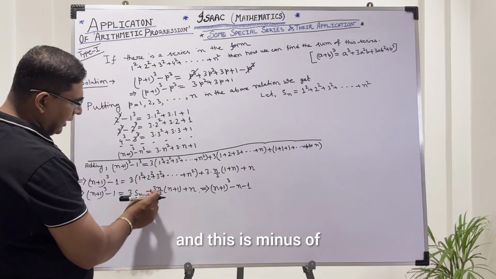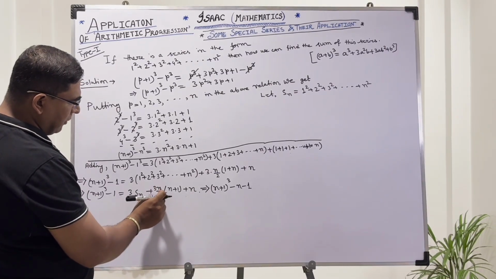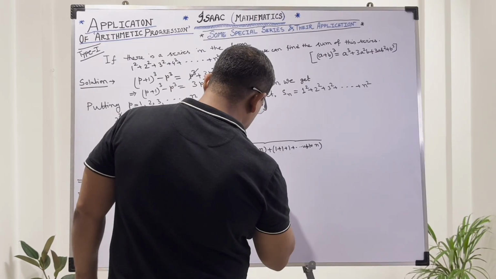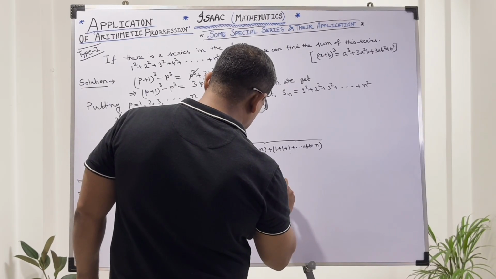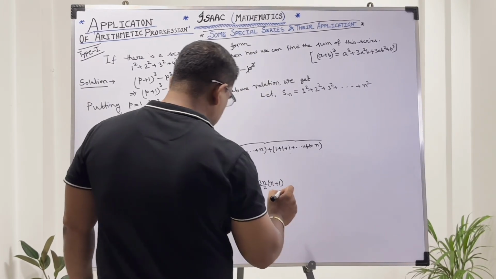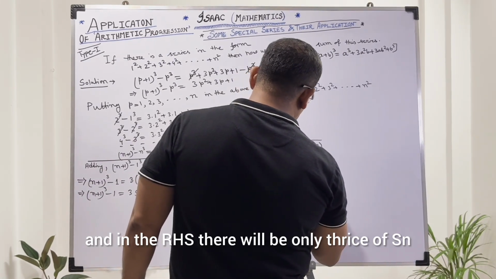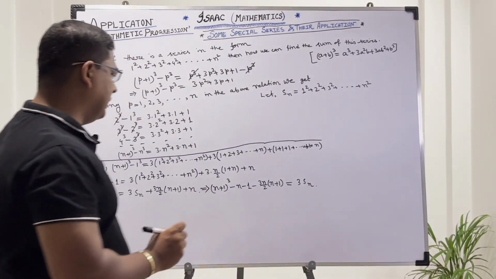And this is minus of minus 3n by 2 into n plus 1. And in the RHS, there will be only thrice of Sn. Okay.